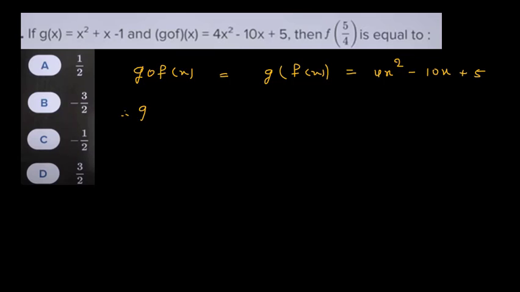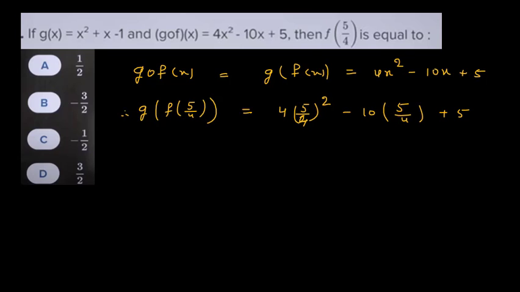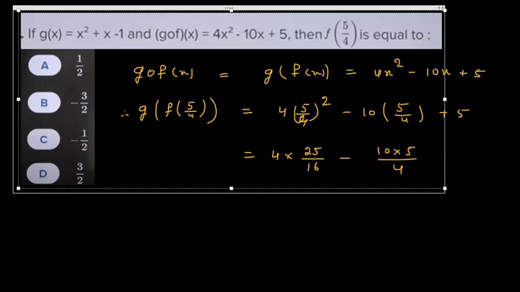So therefore, if I say what is g of f of 5 divided by 4, if I check this value, then this will be equal to 4 times (5 divided by 4) square minus 10 into 5 divided by 4 plus 5.